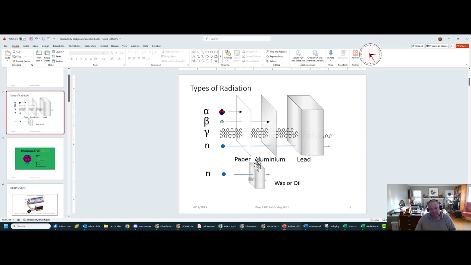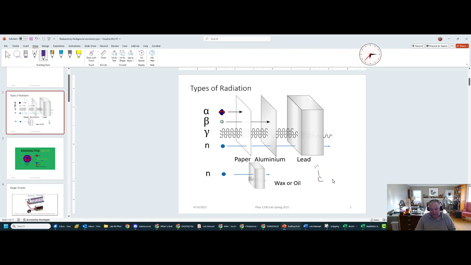Now, neutrons, though, it turns out, can be stopped by oil or wax, and these are molecules like the carbon chains, where there's hexane, pentane, that kind of thing.